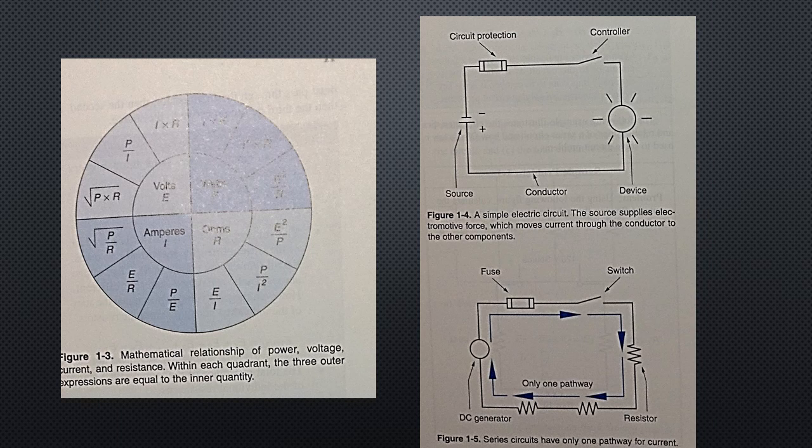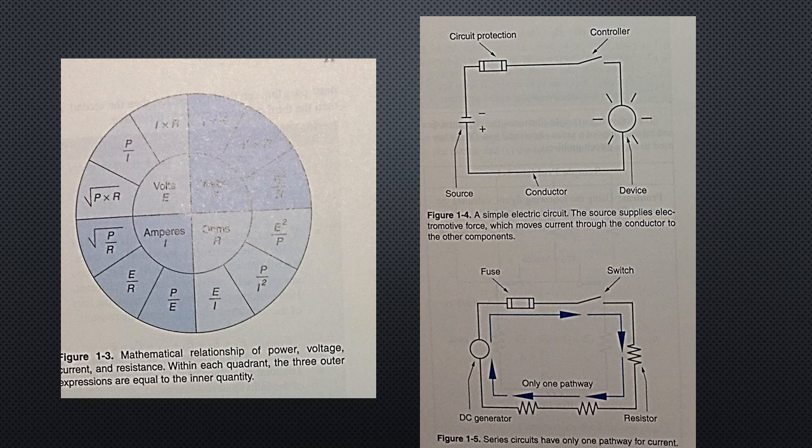Basic circuits. Simple and complex circuits are composed of the same components. All circuits must have a source, a device, and a conductor. The source provides the electromotive force, the device, resistance, or elements (these terms are equivalent) uses the energy to perform some desired function.